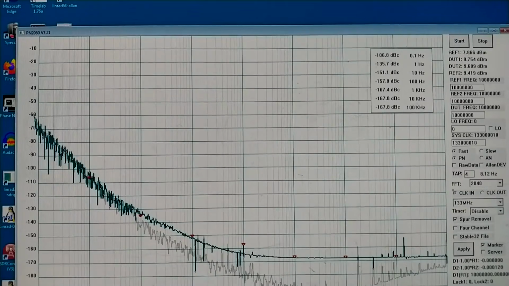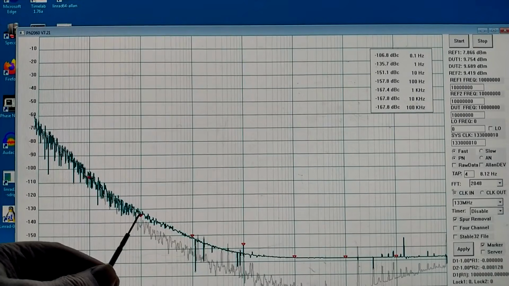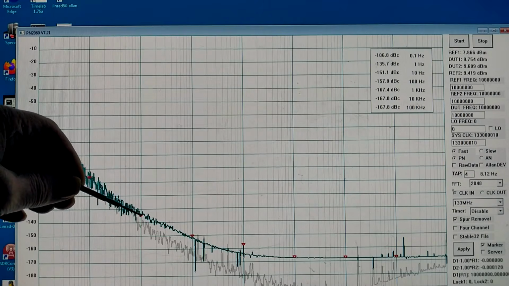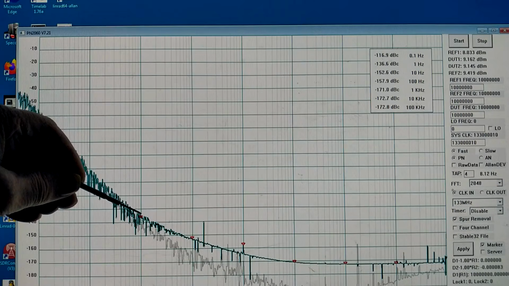Now that I have found that the noise I see at 1 Hz offset is caused by the amplifier noise at this level, it is interesting to consider whether it would be a good thing to make a lower impedance from the crystal filter. Here is 3 kilo ohms, and here is with 50 ohms, and it's significantly lower, something like 3 decibels.